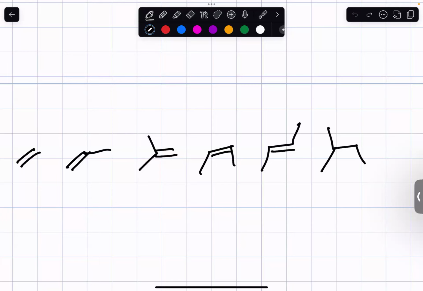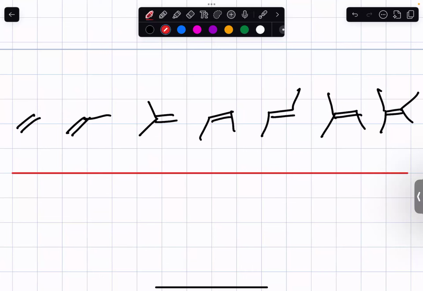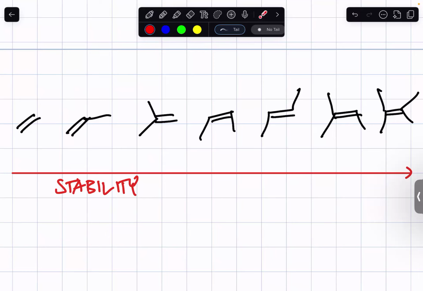So stability will increase from left to right here, where the more substituted the alkene is, meaning the more R groups the alkene is surrounded with, the more stable it's going to be.